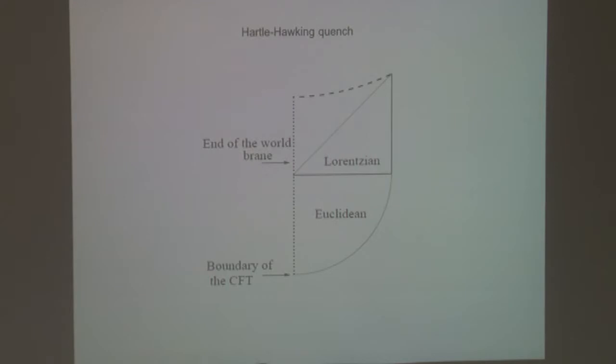So that's what the story is. I have called this the Hartle-Hawking quench. This is a quench because it's described by a time dependent setup. It's an instantaneous quench in the sense that in this part of the diagram, the Hamiltonian is time independent, and you start from a precise initial state.